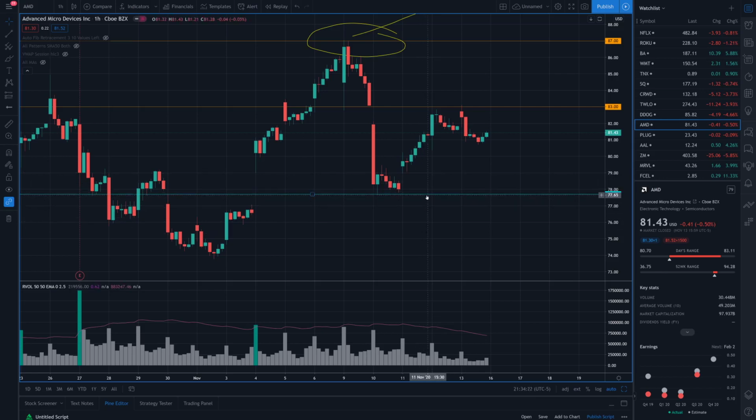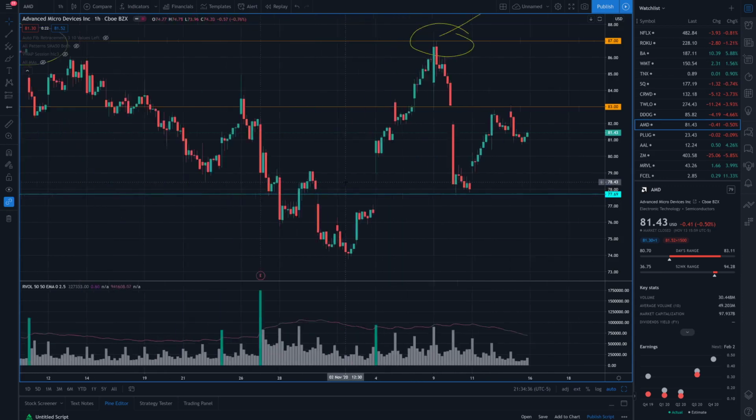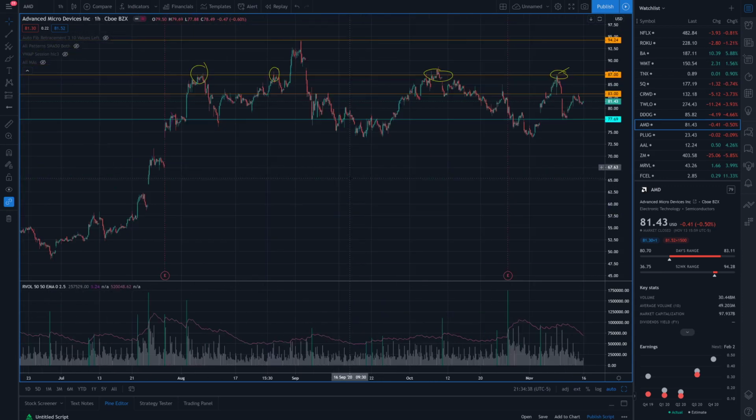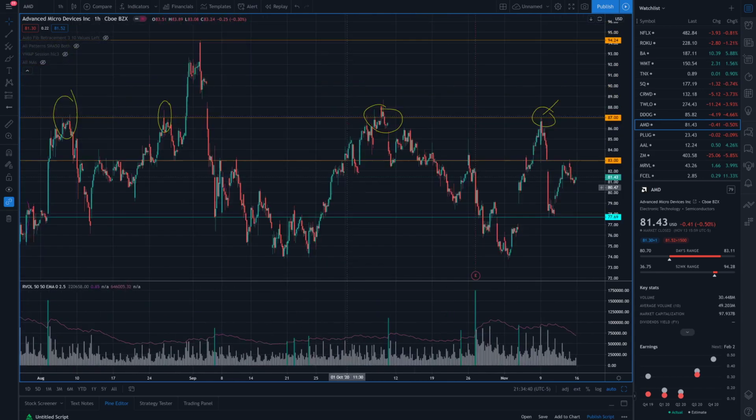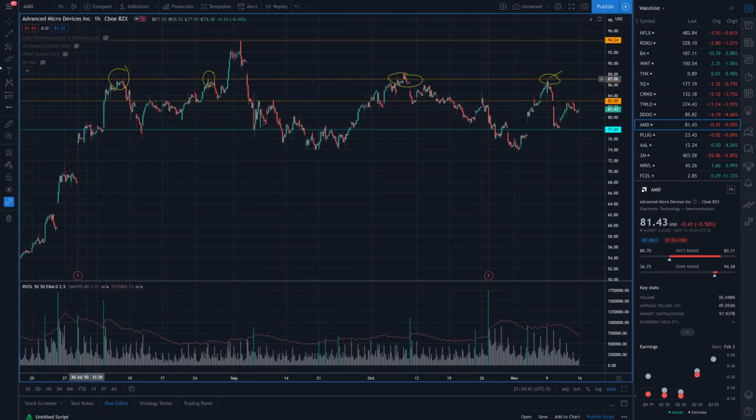So with support, I drew the support line down here from the most recent week of AMD, because it found the bottom or reversed upwards down there at 77.69. And if we look back on AMD, you see that there were other lows.